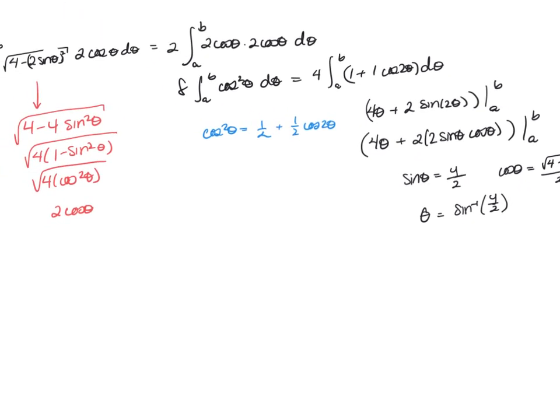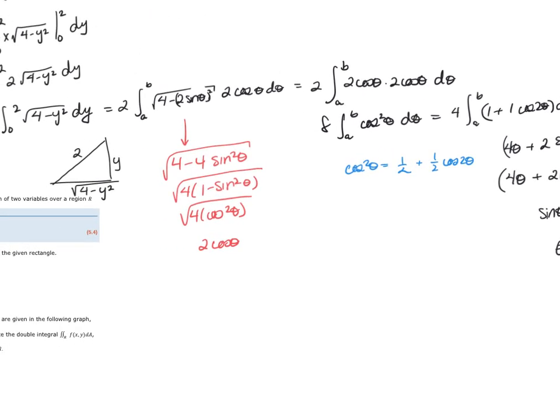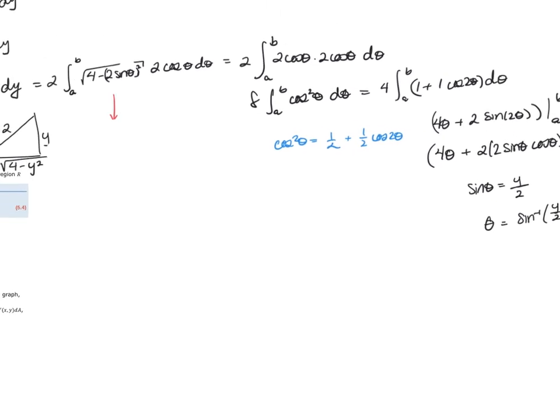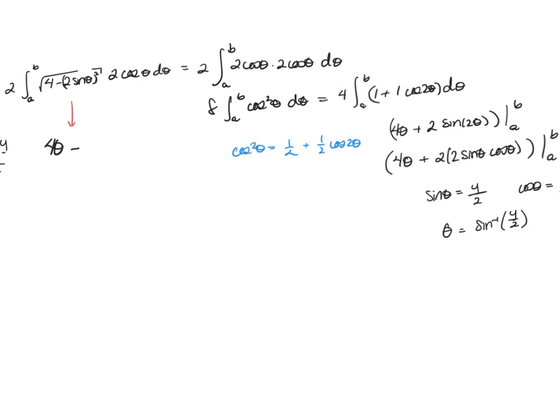Well, let me erase all of this. This entire thing is going to be equal to 4 times theta, and then I had plus 4 the sine theta cosine theta, evaluated from a to b.